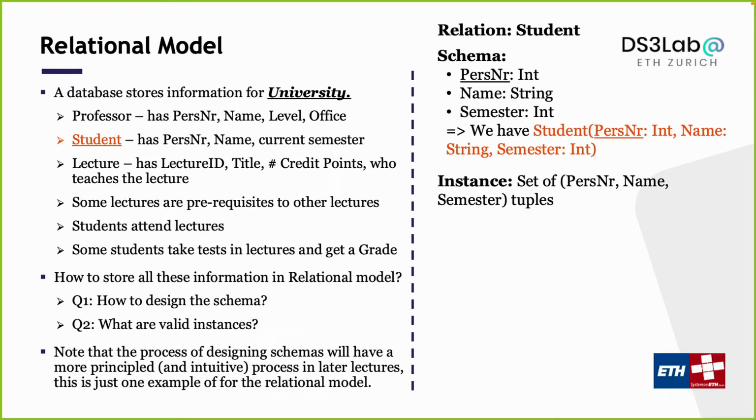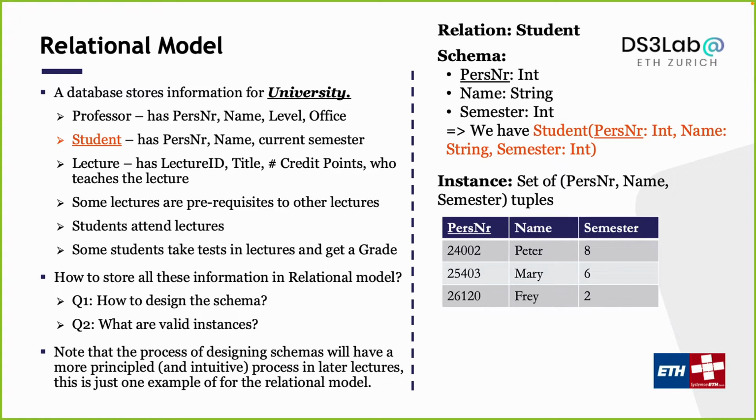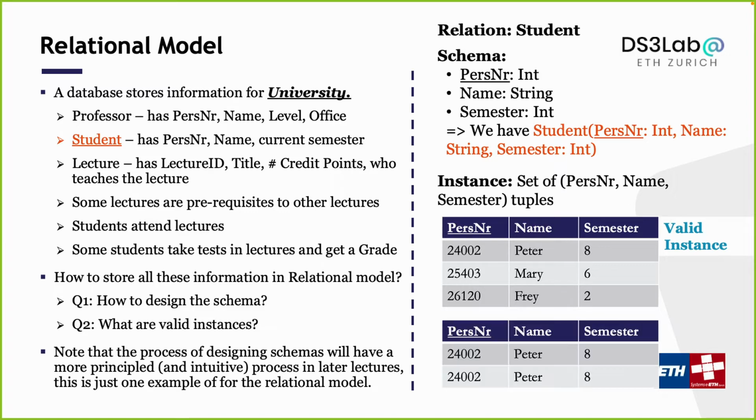So what is the instance of this relation? It's a set of tuples, actually triples, so it only has 3 elements. And this is one example valid instance of this relation. It satisfies the key constraint, and it satisfies the data type constraint.